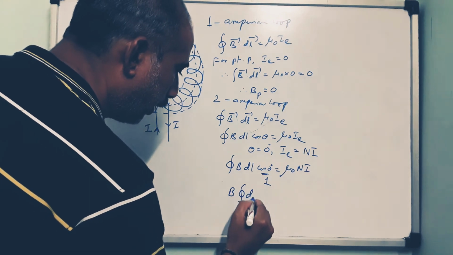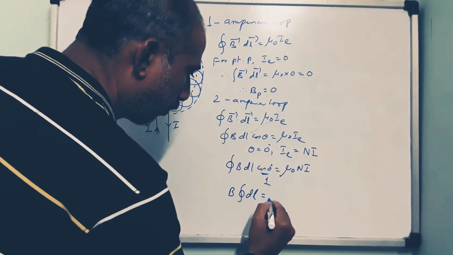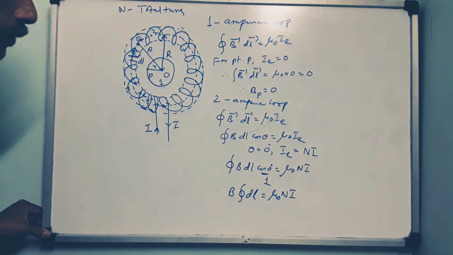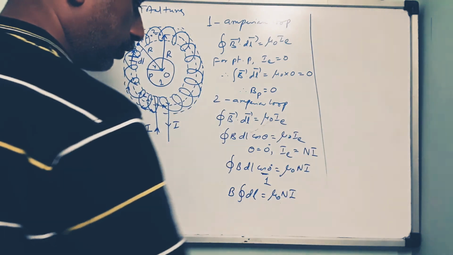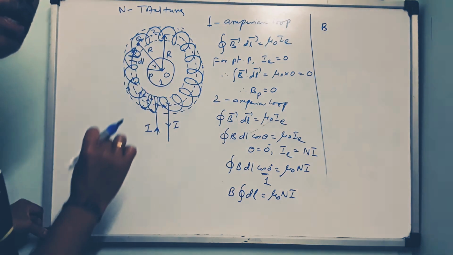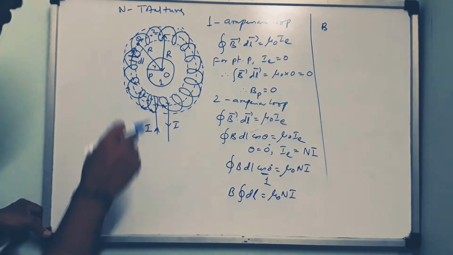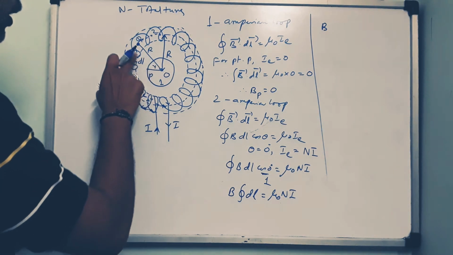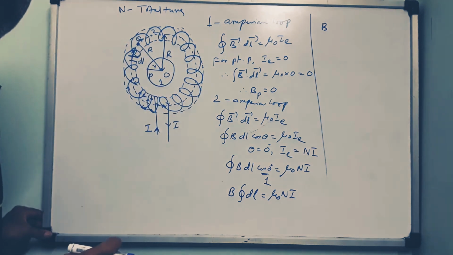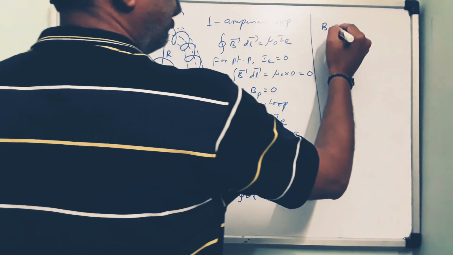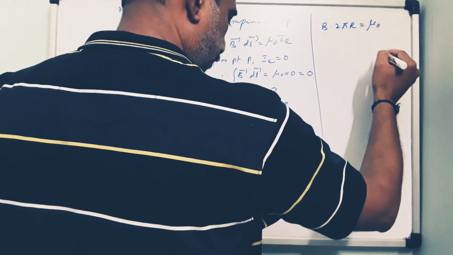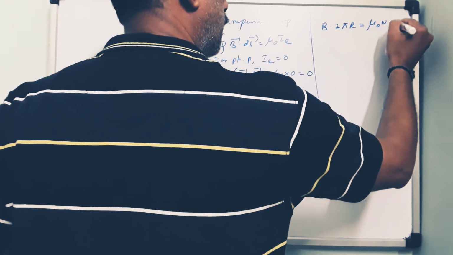So B into the line integral of dl, where dl is a small element on the Amperian loop of radius capital R. If you add all these dl's, you will get the circumference of the Amperian loop. So that is nothing but B into 2 pi R equals mu naught into capital N into I.